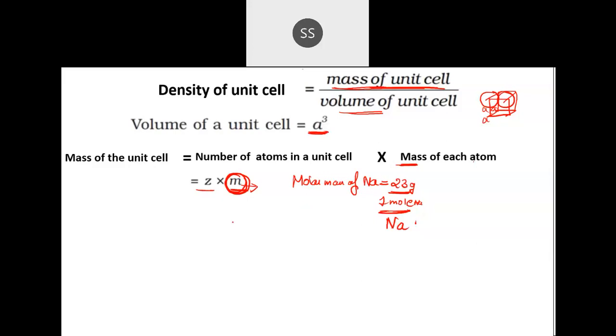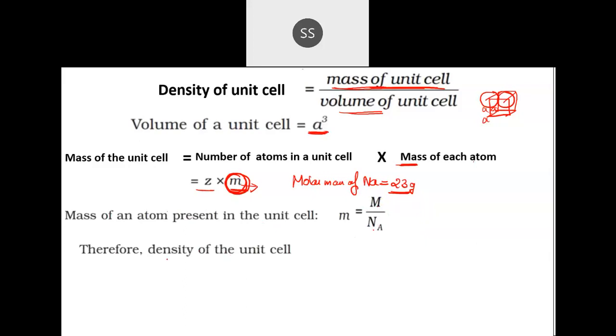I can write this in this way. Mass of one atom which is present can be written as molar mass divided by Avogadro number. So if you divide molar mass by Avogadro number, you will be able to get the mass of one atom which is present. So we can change this equation and write now density.